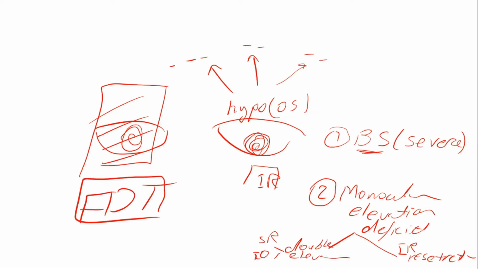In inferior rectus restriction, you will find restriction in all gazes. In Brown syndrome, you will find restriction only in up and in. In double elevator palsy, there is no restriction. So in Brown syndrome, there is a positive force reduction test, but only in up and in gaze.